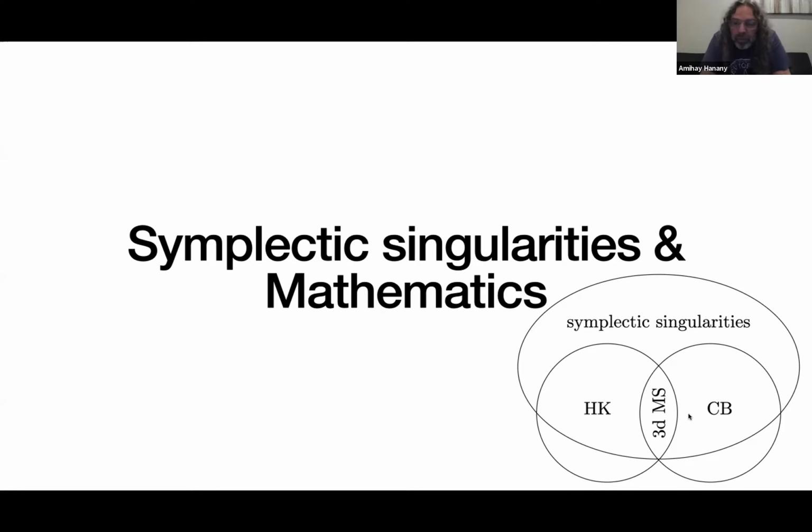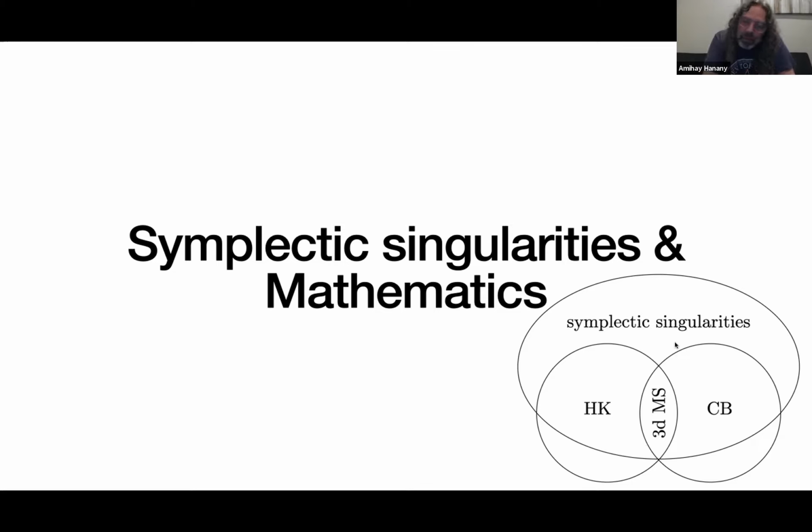On the other hand, Coulomb branches are more recent in understanding. They started showing up in the mid-90s in physics, and the big breakthrough in mathematics happened maybe 6-7 years ago.